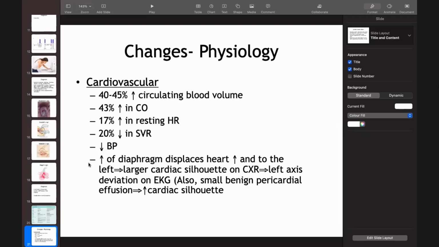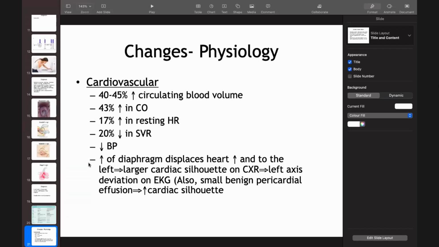So blood volume will increase by 40%. Initially, in an adult woman the blood volume is about 7 liters, and this will increase by 40%. And cardiac output, the pumping ability of the heart, stroke volume, and the heart rate will naturally increase.